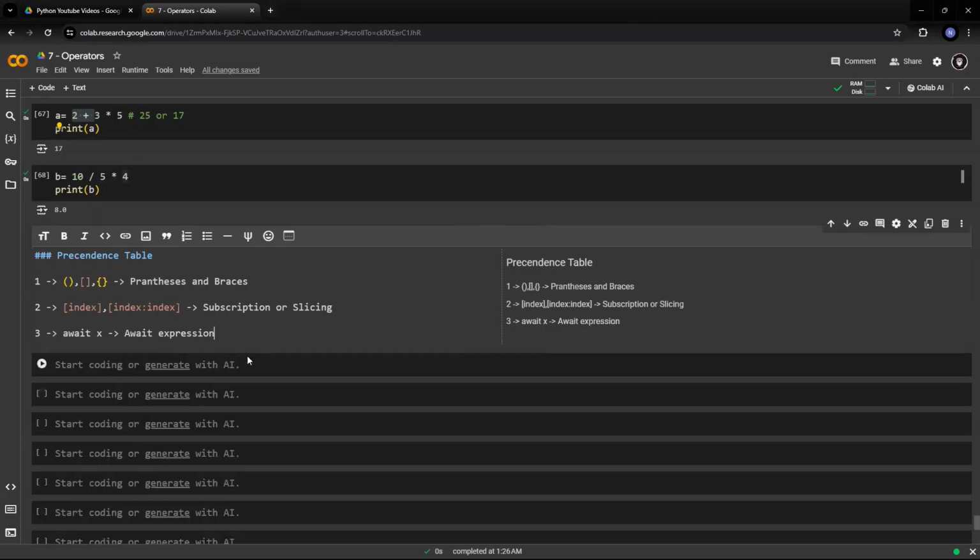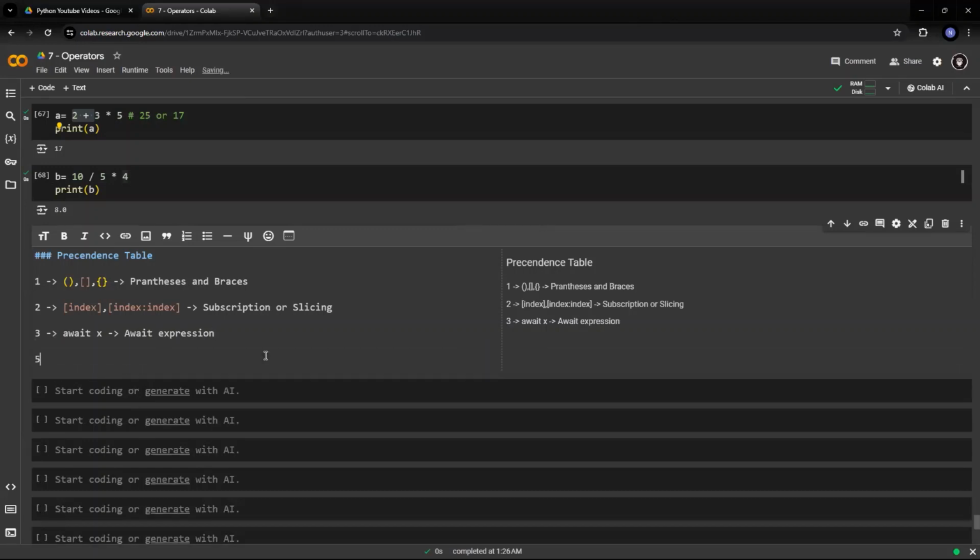Next is exponential. So the fourth operator is exponential, which is denoted by the double star sign, which we have seen during our arithmetic operations. So this is exponential.